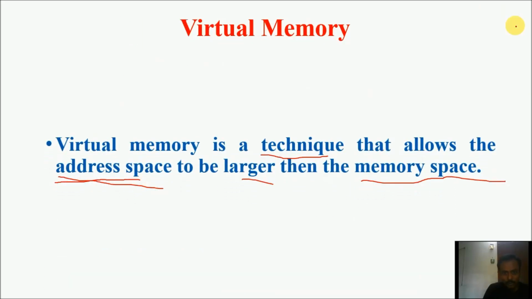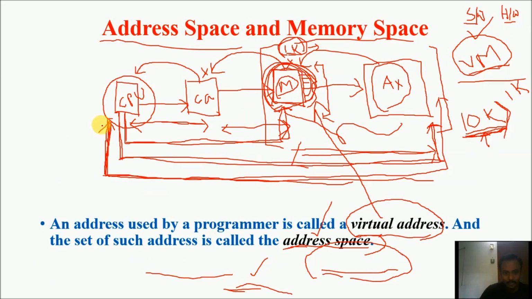Now, a very important concept. The CPU at first generates the virtual address, but the CPU ultimately accesses the data from the main memory. That means at first you take the data from the main memory to cache memory, then from cache memory to CPU.